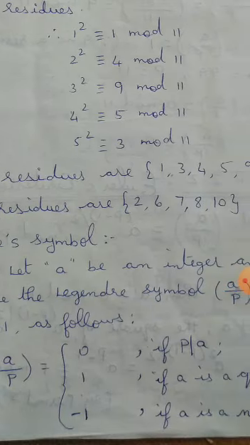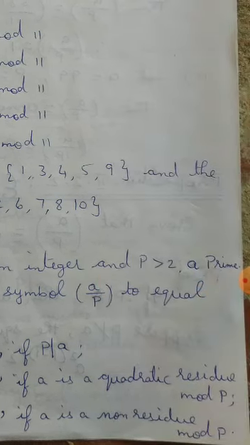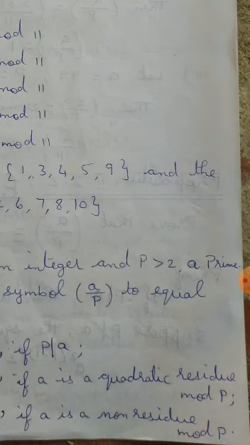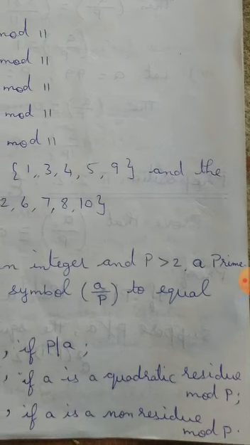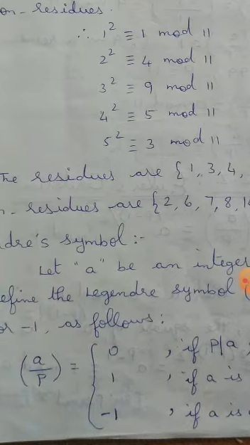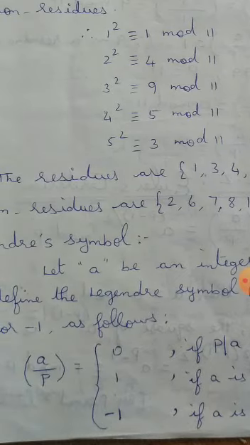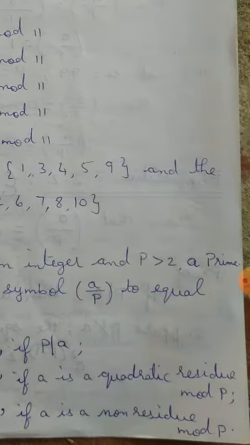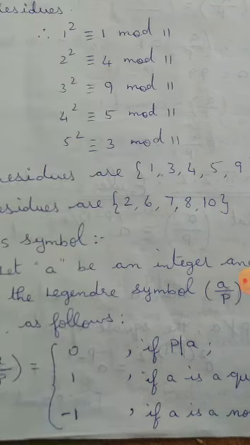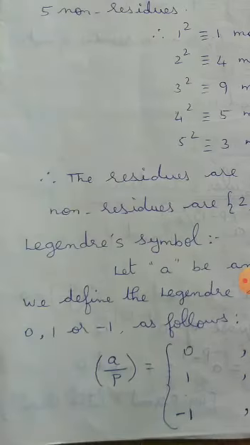If p divides a, then the answer is 0. If a is a quadratic residue, which we have seen in the previous definition, you can write the answer as 1.